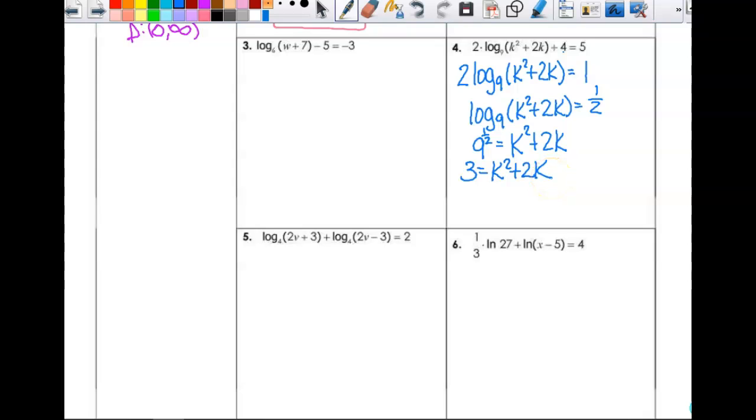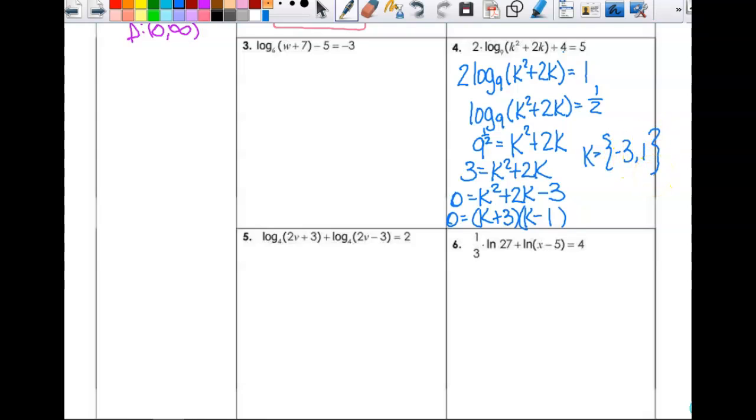That's a quadratic, so I set it equal to 0. So I get 0 equals k squared plus 2k minus 3. Then I factor. K and k, so that'd be a positive 3 and a negative 1. So my possible k values are negative 3 and 1.